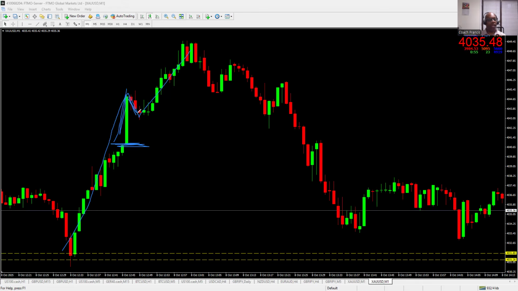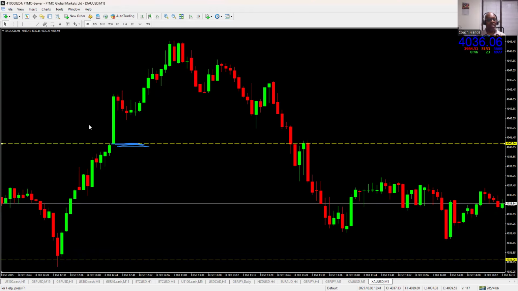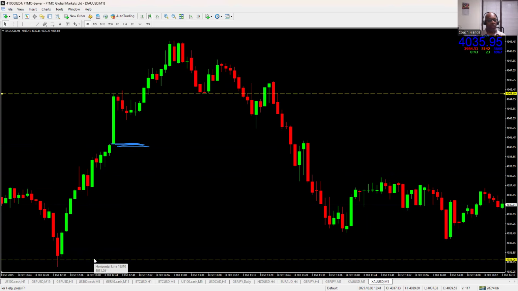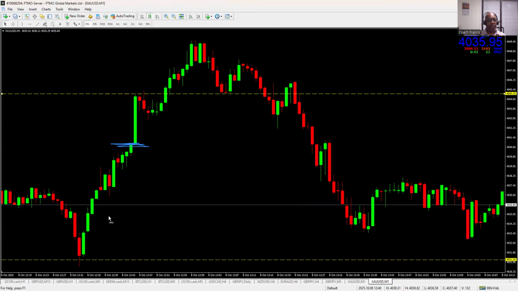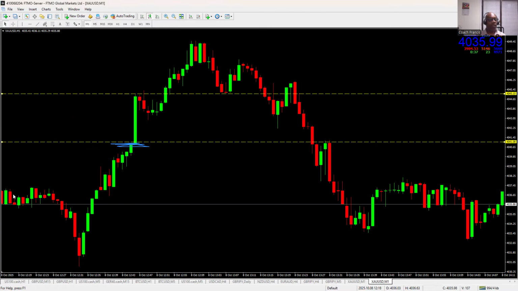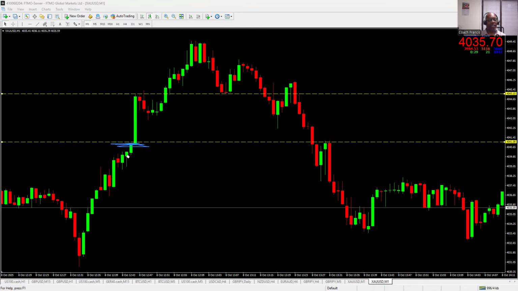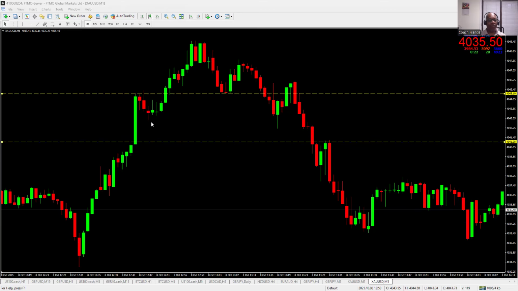If you consider the range of this upward push candle, let's call it that. I'm going to be using those terms: upward candle, bearish candle, bullish candle. So if you consider this particular candle, there was a pullback.